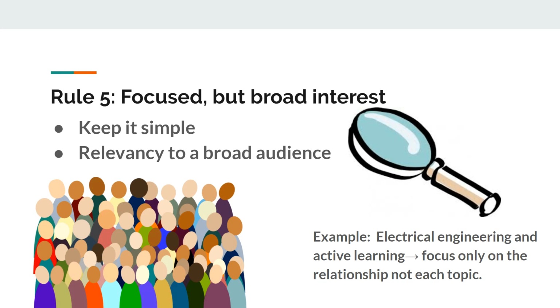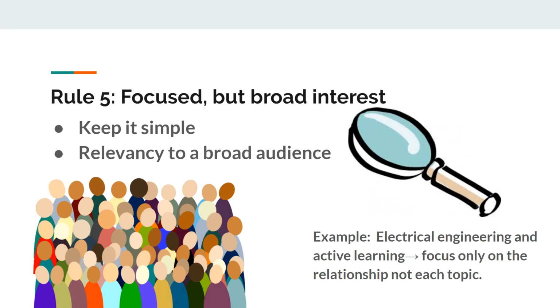The example I gave, and this is more to my expertise, is say I was writing a literature review on active learning in electrical engineering, or a certain type of teaching. I would not write all the history of electrical engineering and all the history of active learning.